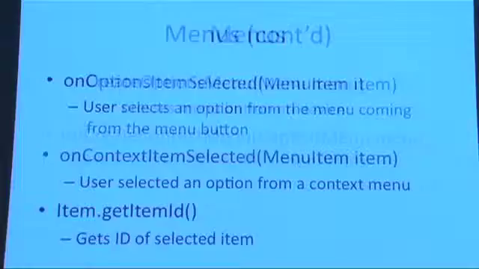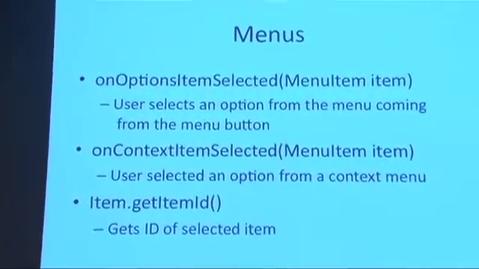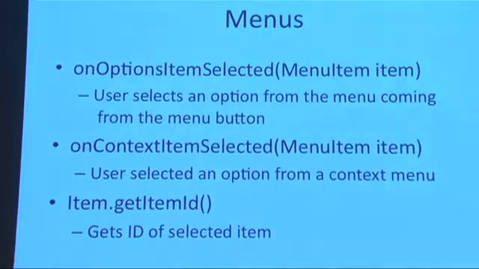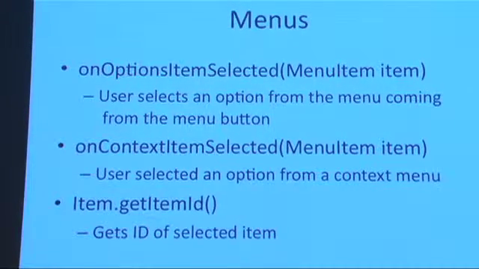Okay, so we just created the menus, and we actually need to create the items within these menus. So we have onOptionsItemSelected with the menu item being its parameter, and we also have onContextItemSelected for the context menu selection, as said by the function name.